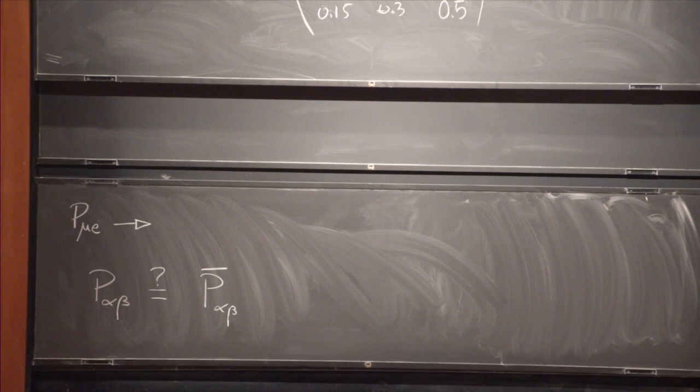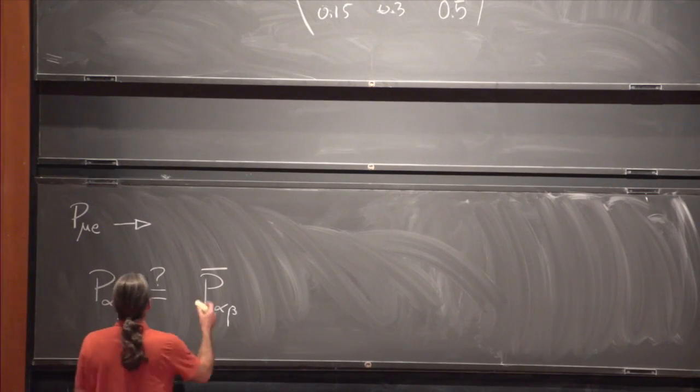But if you're starting and ending with the same thing anyway, then those two movies are the same if you turn particle into antiparticle, which means that those two probabilities are the same. So this is the one that we like to measure the most in order to try to get the CP violation. It's a challenging measurement to do, and I'll try to point out why that's the case.